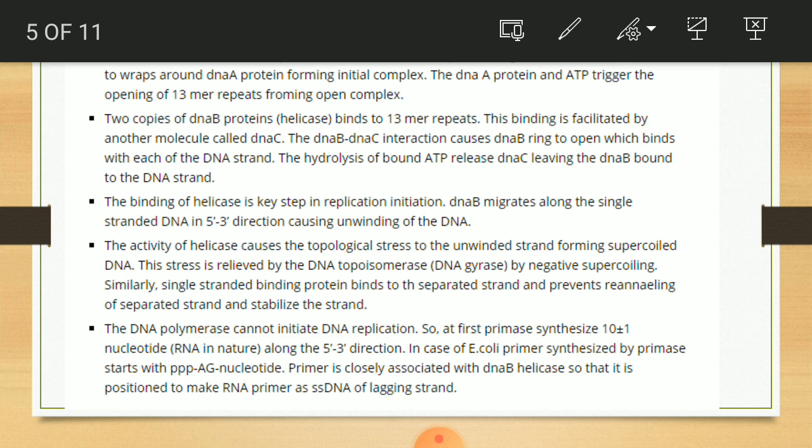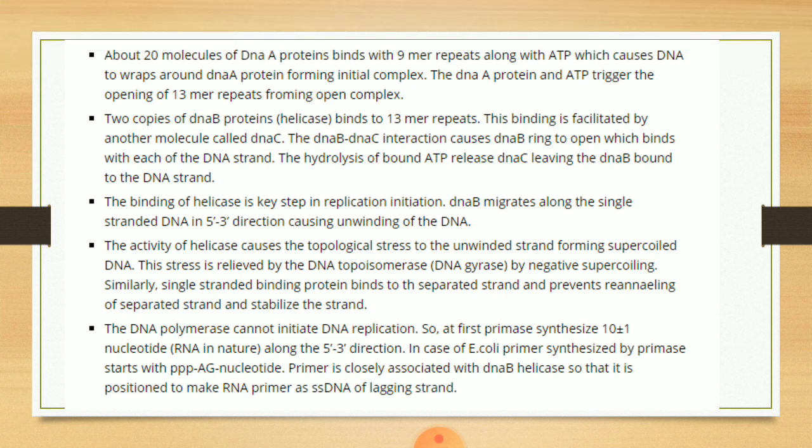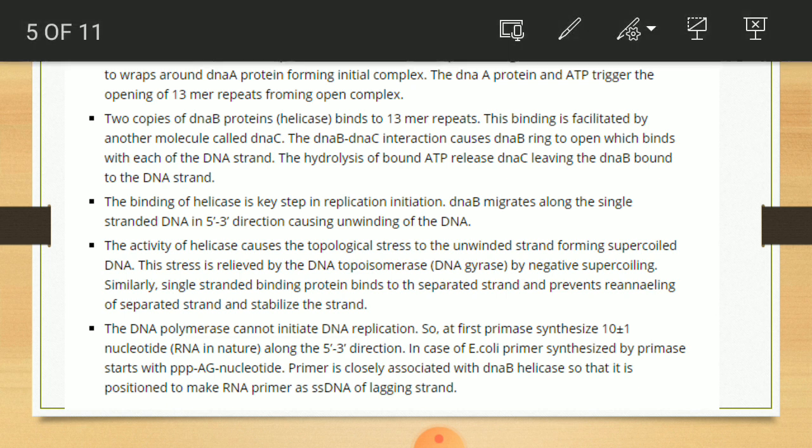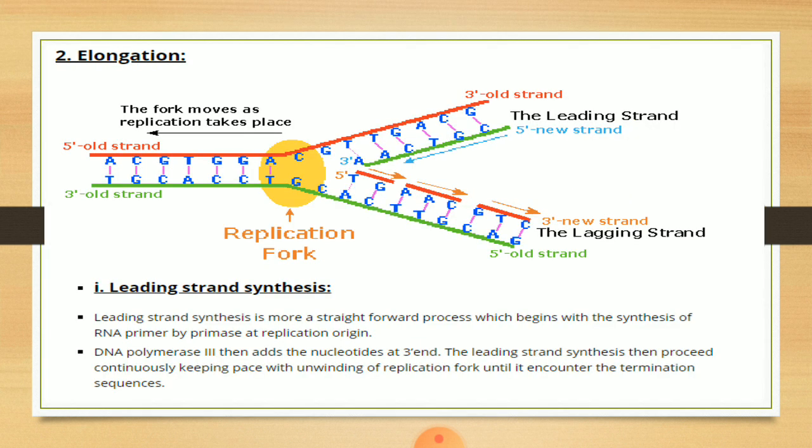During the initiation, the E. coli special type of primase enzyme synthesizes the primers, and this primase enzyme forms short RNA primers. The 3' end of these primers is recognized by the DNA polymerase III enzyme, and then causes the elongation.